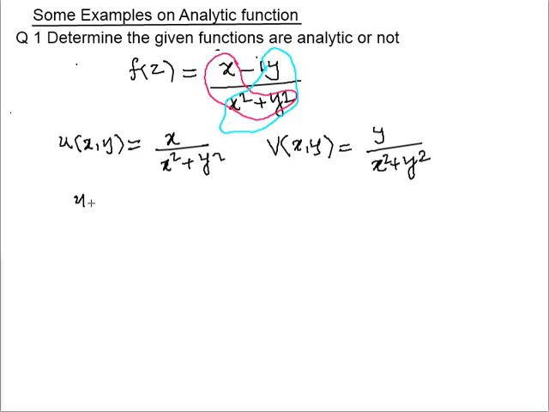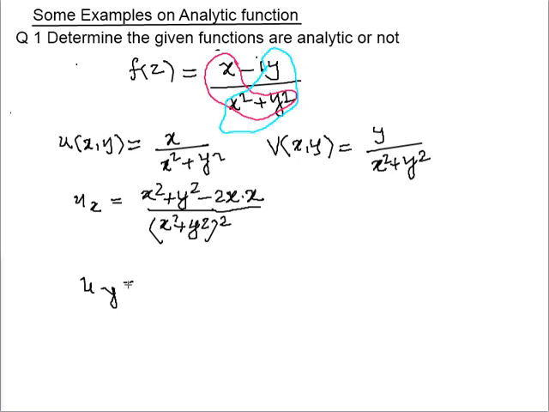So here u x, the partial derivative with respect to x, is found using the quotient formula: denominator whole square, then derivative of u is 1 into (x square plus y square) minus u as it is into derivative of the denominator, which is 2x. So 2x into x is 2x square.